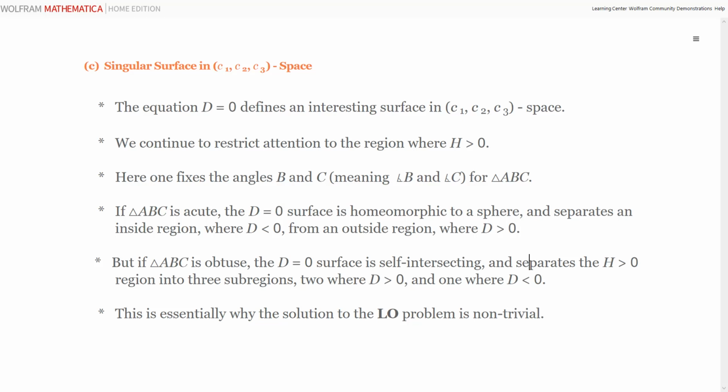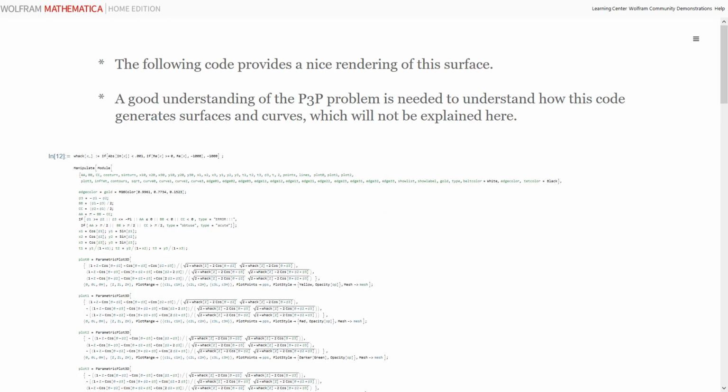All right? But again, when the triangle ABC is obtuse, we have a self-intersecting surface, and I would argue that is essentially the reason why the LO problem has a non-trivial solution, as opposed to the LA problem, which has a trivial solution. Okay, let's just fire this up.